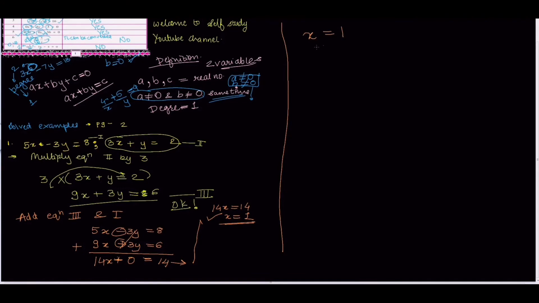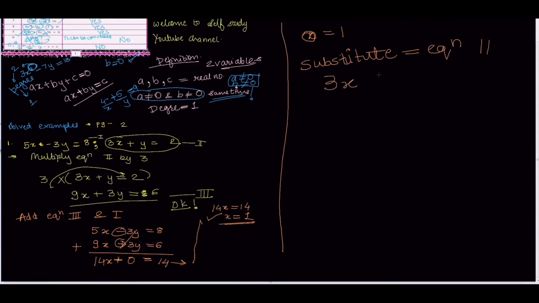Now we are going to substitute the value of x in any equation. You can choose any equation. Now that we have the x value, to find the value of y we have to substitute x, and we will get the value of y. Let us substitute this in equation number 2.